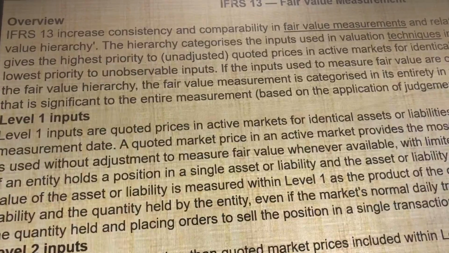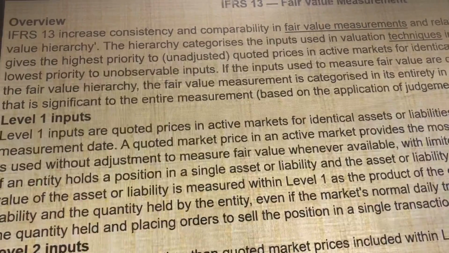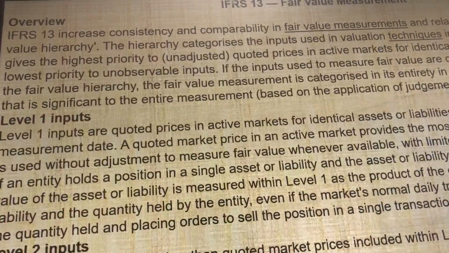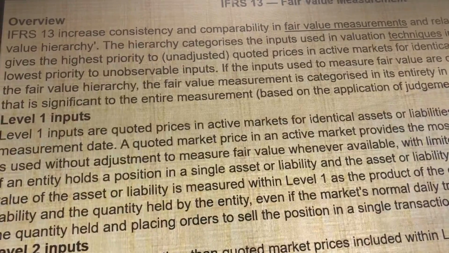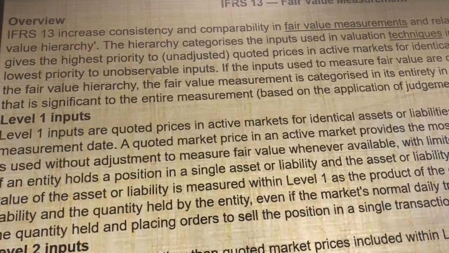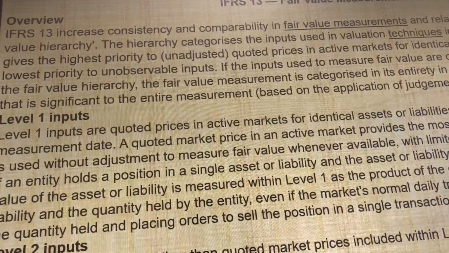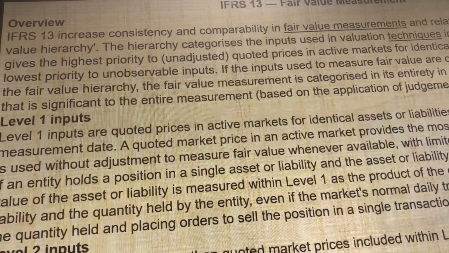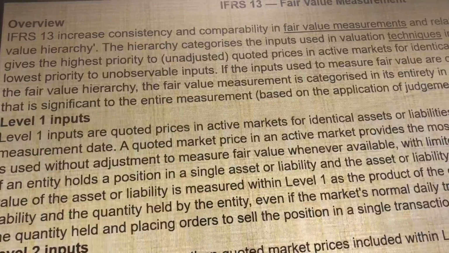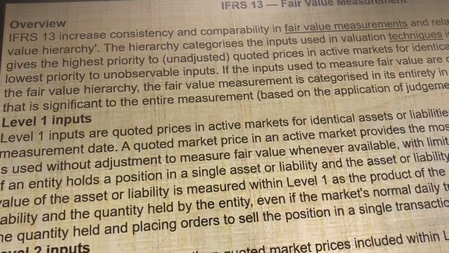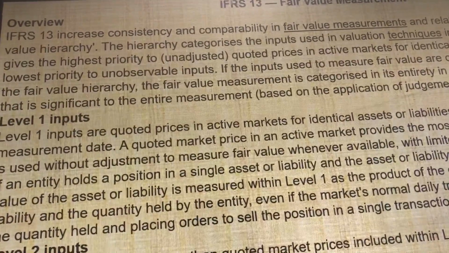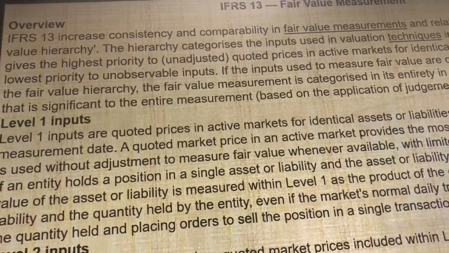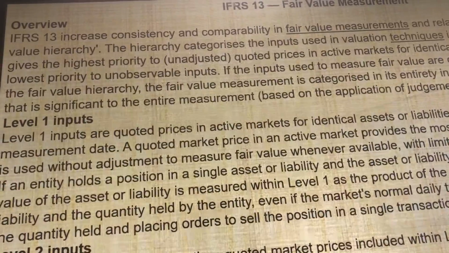Inputs are quoted prices in active markets for identical assets or liabilities that the entity can access at the measurement date. So a quoted market price in an active market provides the most reliable evidence of fair value and is used without adjustment to measure fair value whenever it is available.